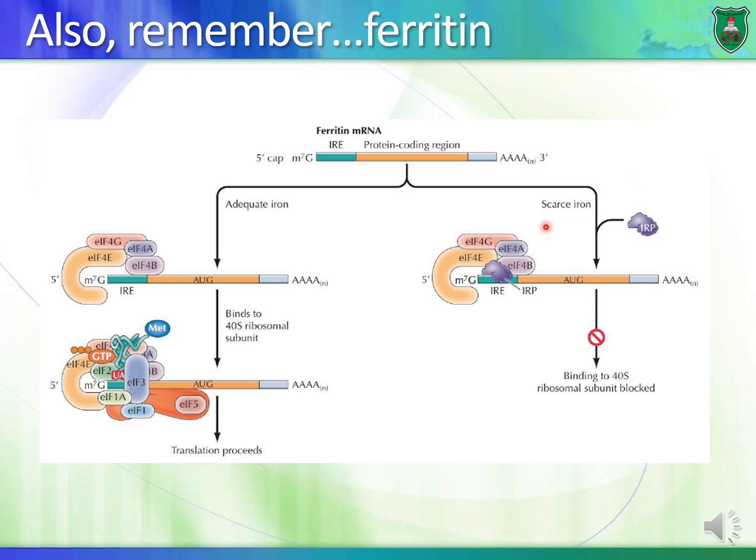In case iron level inside cells is really scarce, there isn't enough iron inside cells, then the iron regulatory protein is not bound to iron because there isn't iron.